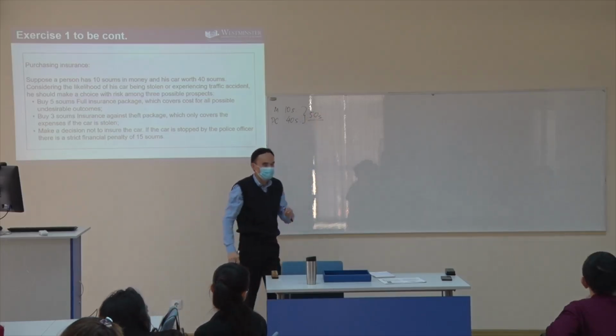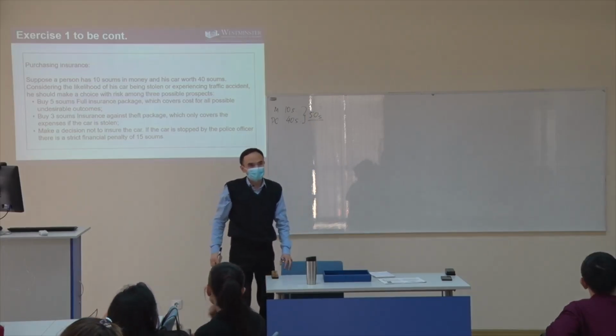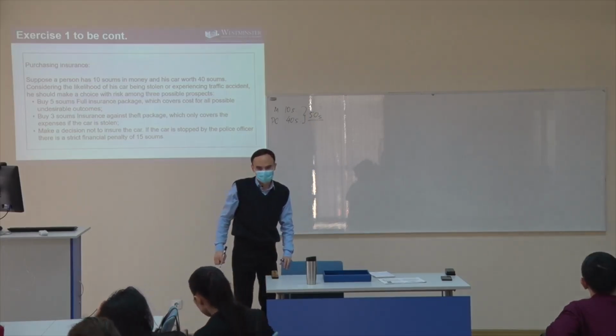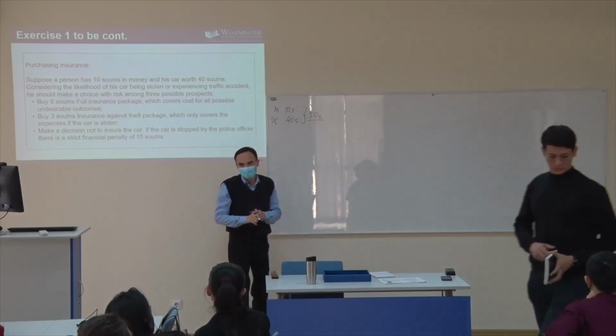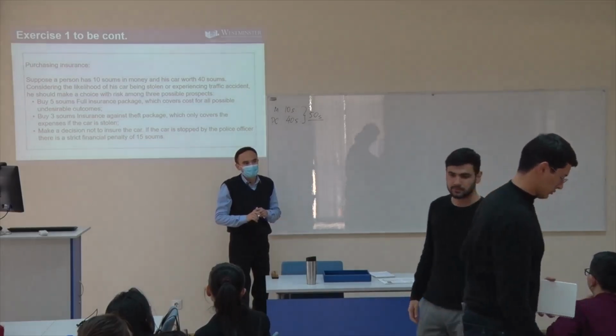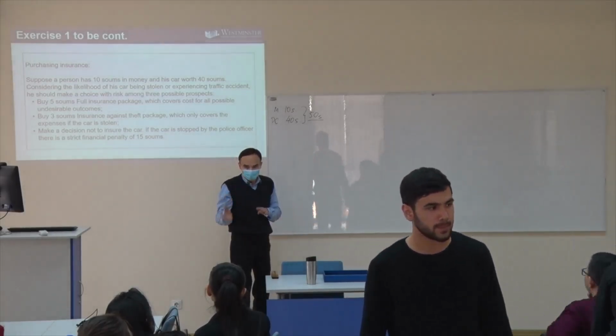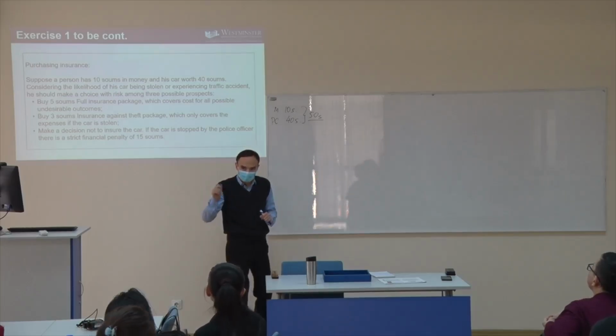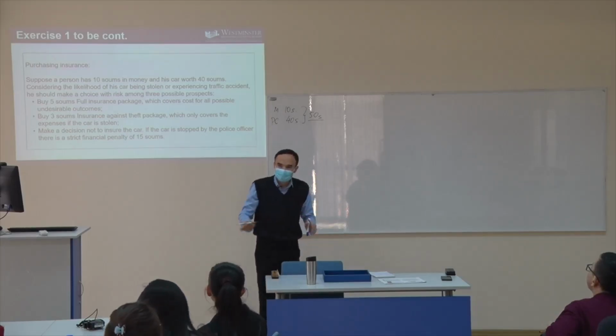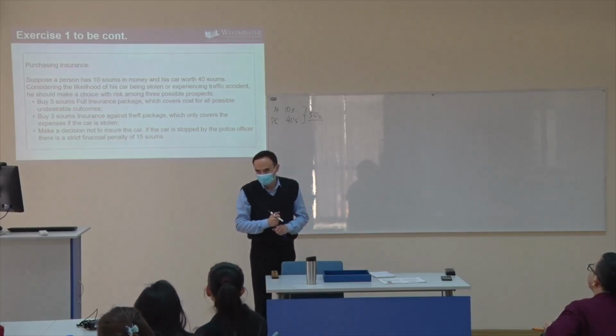This is my wealth. And students, now, if I want to drive a car, it seems that I have three options, choices to make. One is I can buy full insurance. The second one is I can buy one specific type of insurance, insurance against theft. And the third one is make a decision not to buy any insurance.